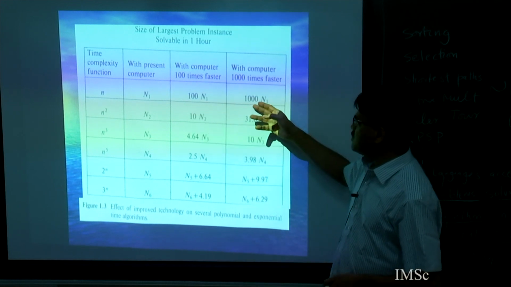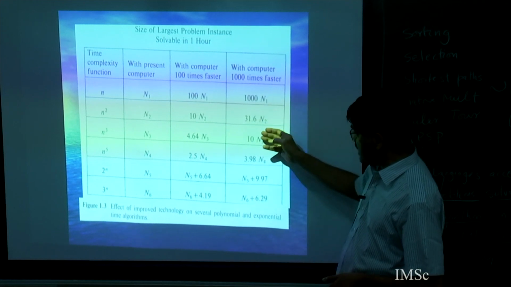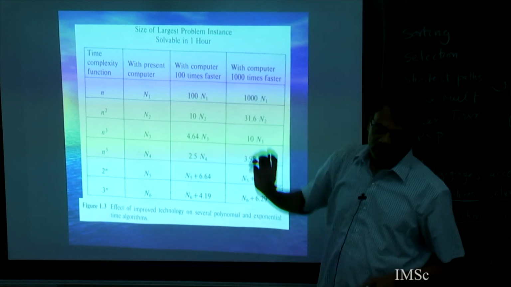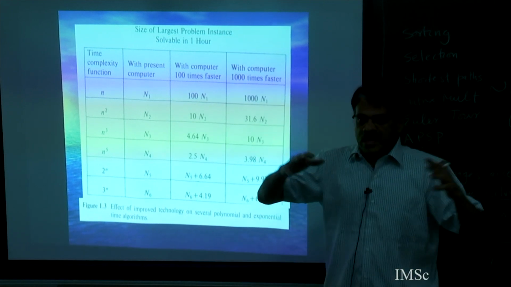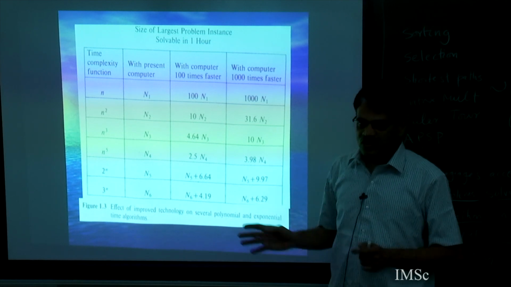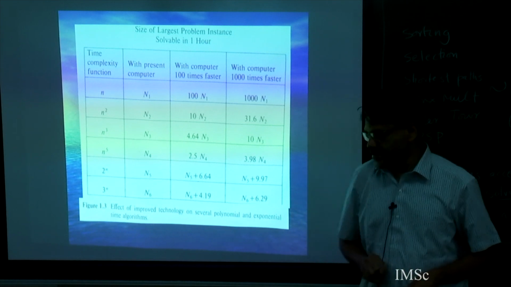For a linear time algorithm, you can, and for an n square algorithm, you can solve a problem of size roughly 30 times whatever you can do now in 1 hour. So the point is that even just computers getting powerful is not good enough. You want the algorithm to get more efficient.